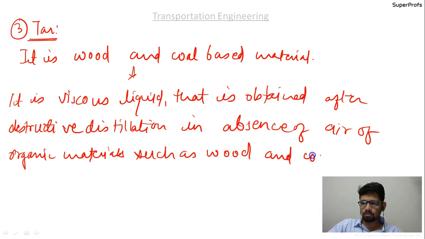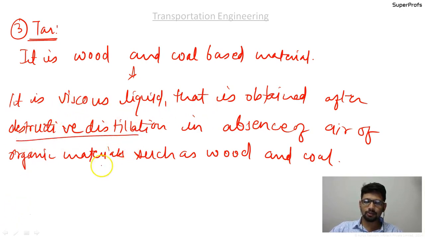Okay, so you should know what is tar. It is obtained from organic materials, whereas bitumen is obtained from the fractional distillation of crude oil, and tar is obtained after the destructive distillation in absence of air. Okay, you should know these things.